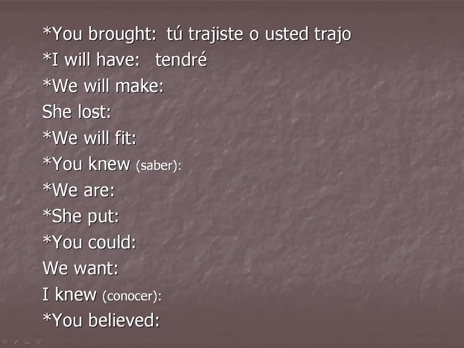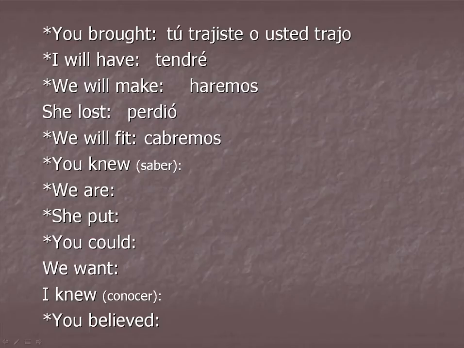We will make. Nosotros haremos. She lost. Ella perdió. We will fit. Nosotros cabremos. You knew. Saber. ¿Tú supiste o usted supo?